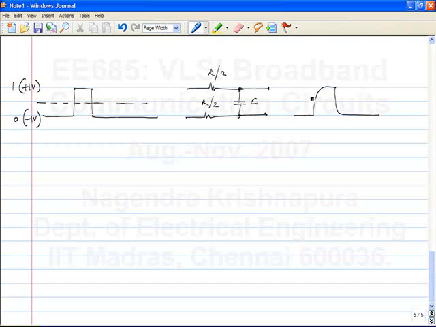So firstly, how do we distinguish between ones and zeros at the output? What is the threshold here? 0 volts. Because we are using symmetrical voltages about 0 for our 0 and 1 symbols, our threshold is 0 volts. So let's say I look here, and if it is above 0 volts, if it's positive, I say it is 1, and if it is negative, I say it's a 0.